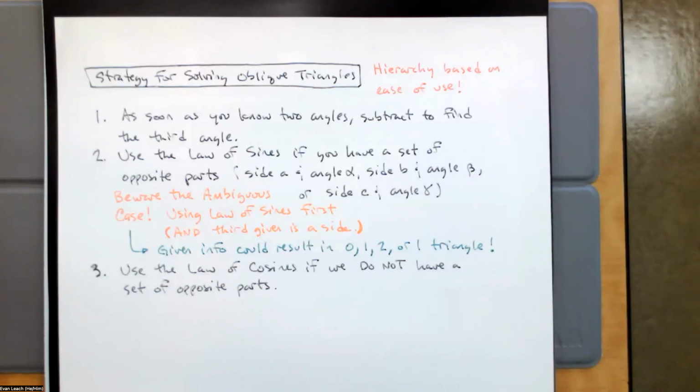Since we're new at solving oblique triangles, this is the way that we want to start thinking about it. But really our strategy boils down to one rule. Of the three tools that we have, which tool can you use? Use that one first. That's it. Which tool can you use?